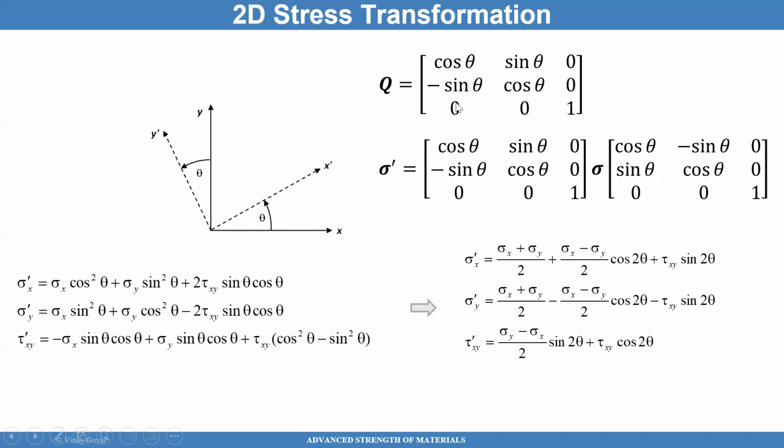So the Q is calculated like that, and sigma prime will be equal to this transformation matrix times sigma, the stress state provided to you in the Cartesian coordinate system along the x and y, multiplied by Q transpose. When you perform this multiplication in that order, you will get the very same equations I showed you in a previous lecture. And these equations can then be rewritten in this manner for convenience.